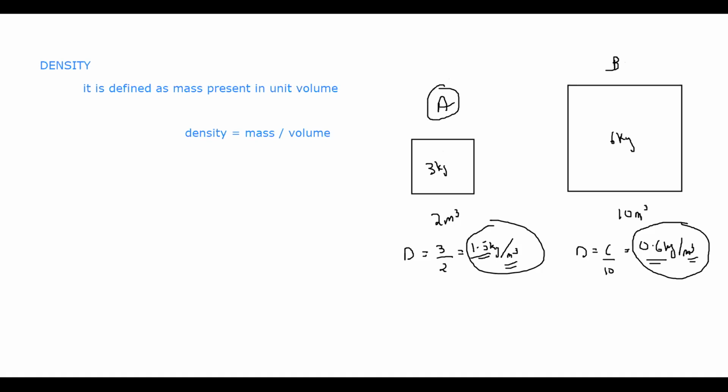The SI unit of the density. SI unit of mass is kilogram and SI unit of volume is meter cube. So it is kilogram per meter cube.